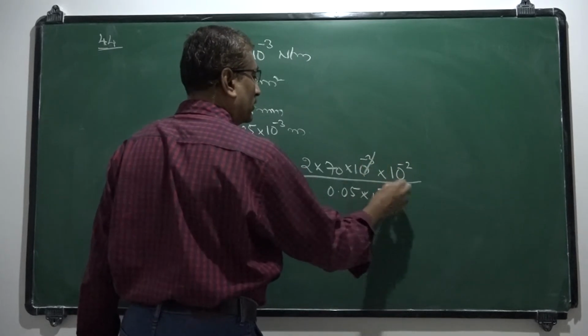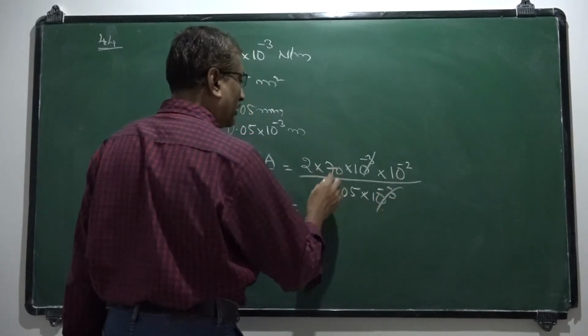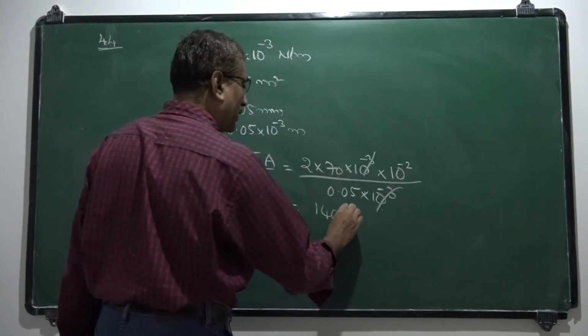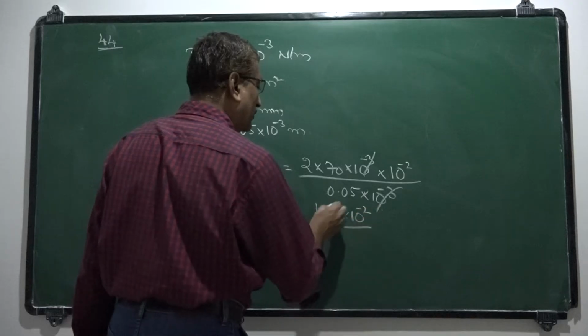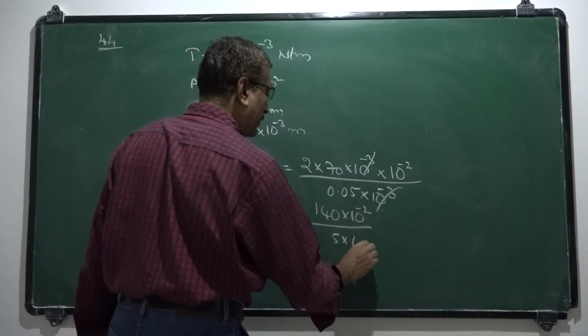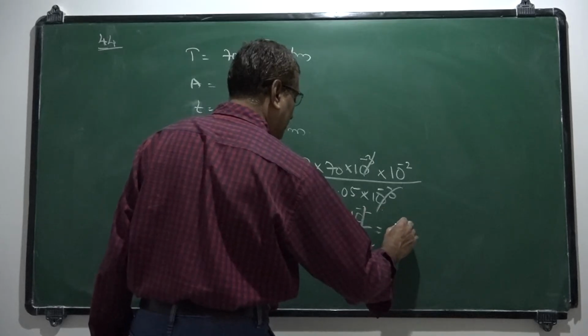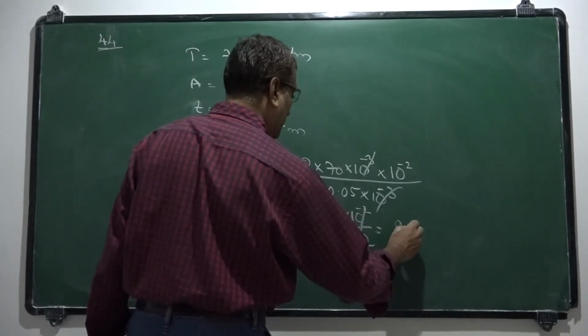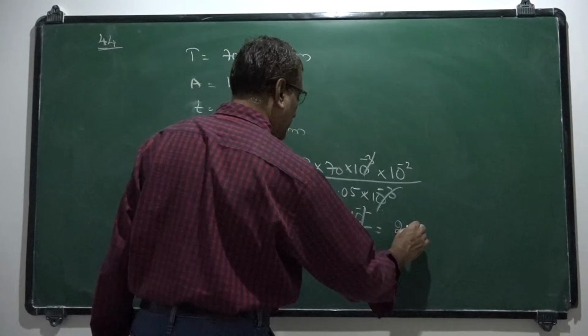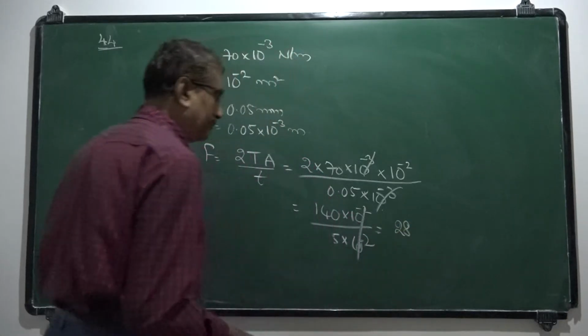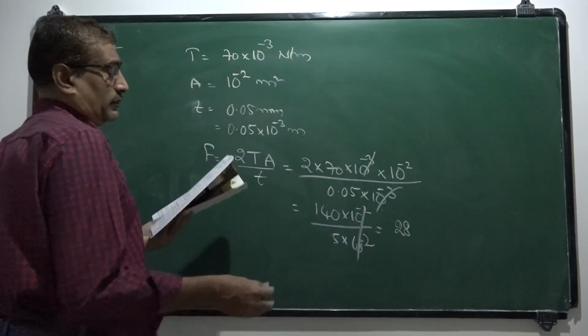So these two will get cancelled. That is 140 into 10 power minus 2, by 5 into 10 power minus 2. This also gets cancelled. So it is 28 Newton.